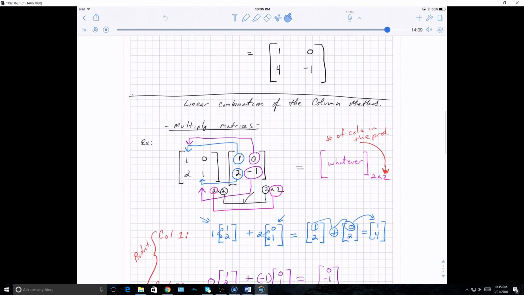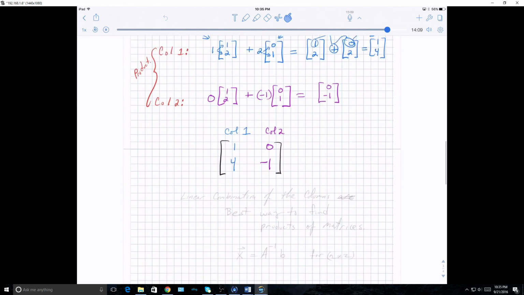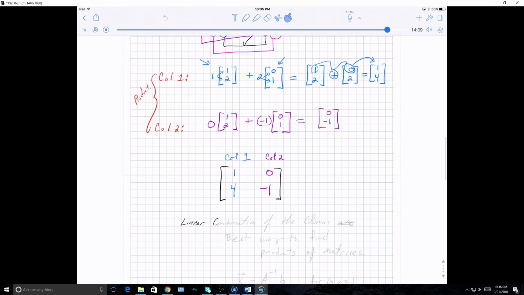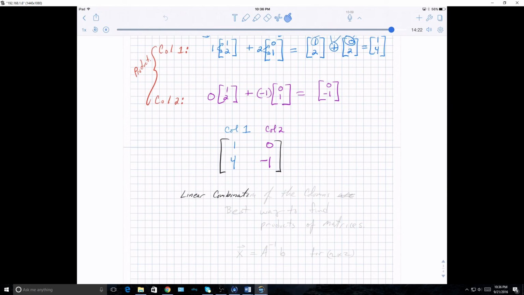I'm not sure about what you think, but I think that linear combination of the columns is, let's just say, the best way to find products of matrices.